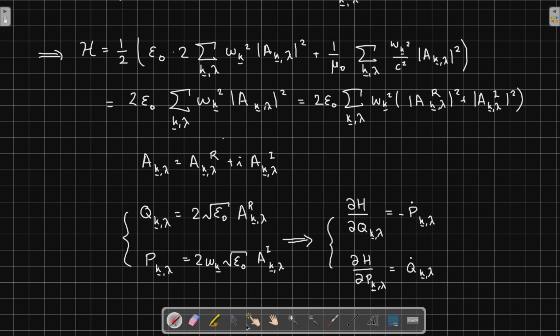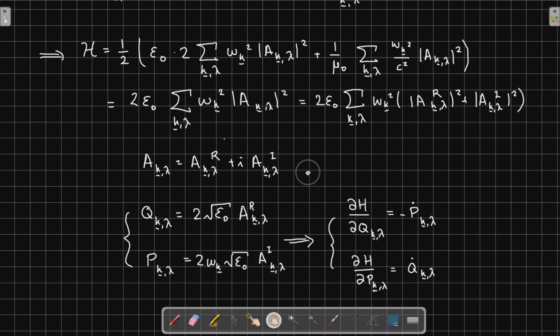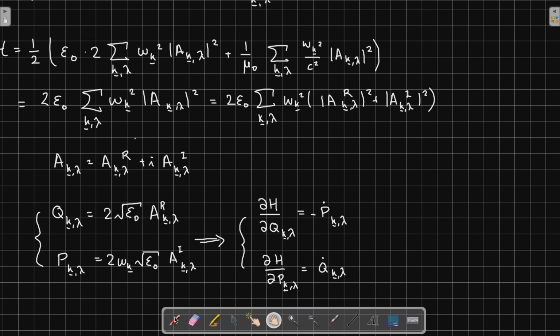Okay, so if we use these two variables to rewrite the Hamiltonian, then essentially this will turn into 1/2 sum over k and lambda of p_kλ squared plus ω_k squared q_kλ squared, which, believe it or not, is the Hamiltonian of a harmonic oscillator.